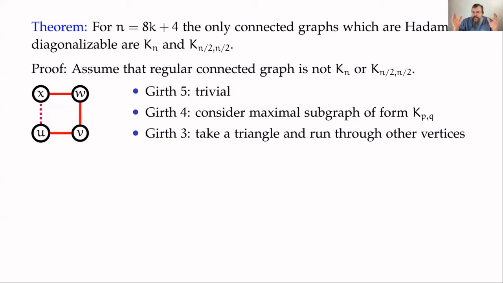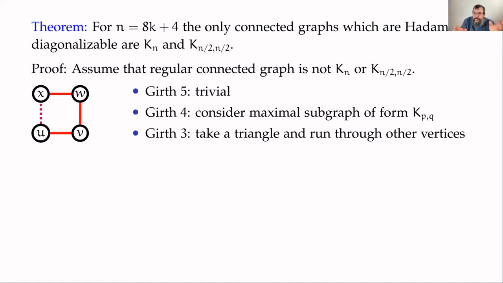It's something K_{p,q}. It can't be everything because otherwise, it would be K_{n/2,n/2}. So there's some vertex that connects to that graph, and it can't connect to a whole side. And once you have that vertex that can't connect to that whole side, then you can find that path. All right, so that's girth 4.